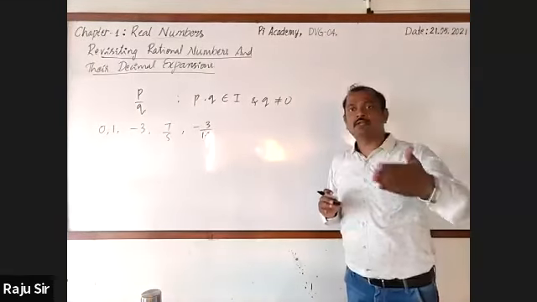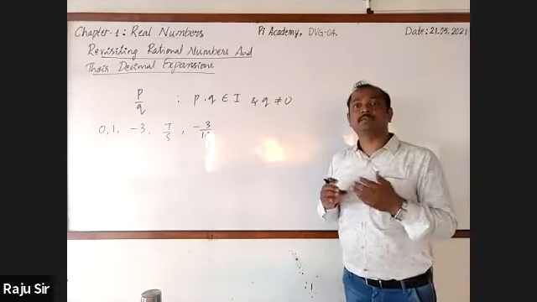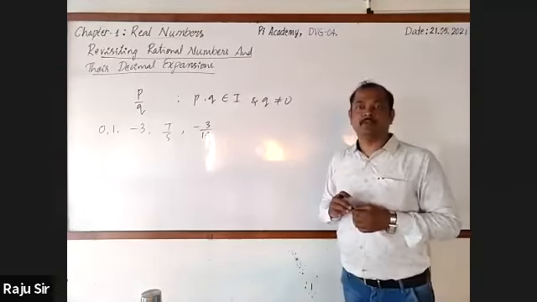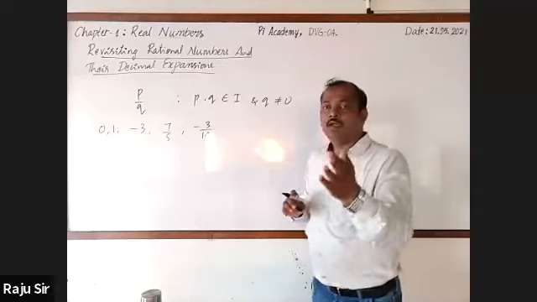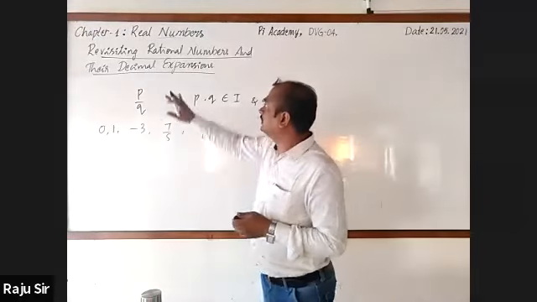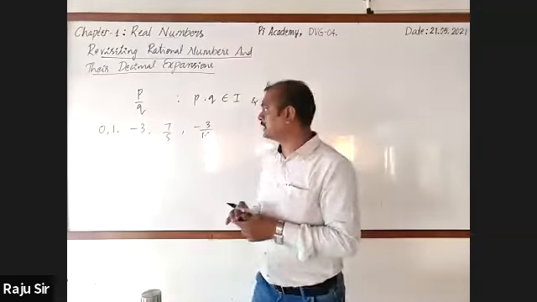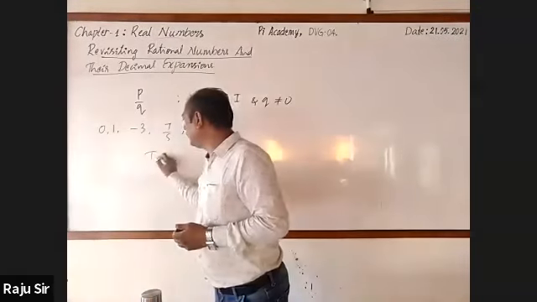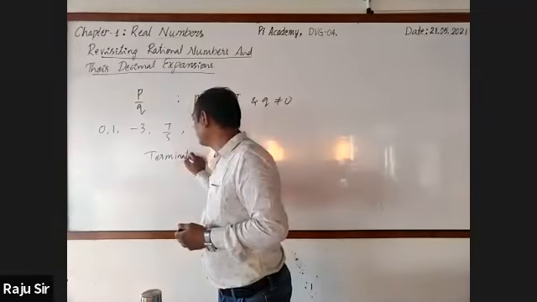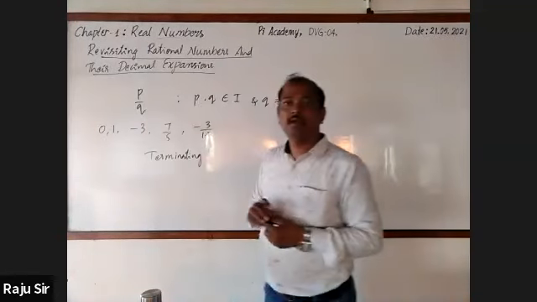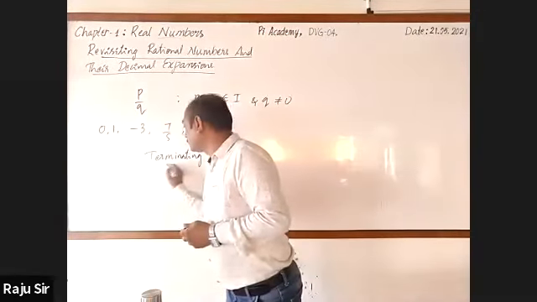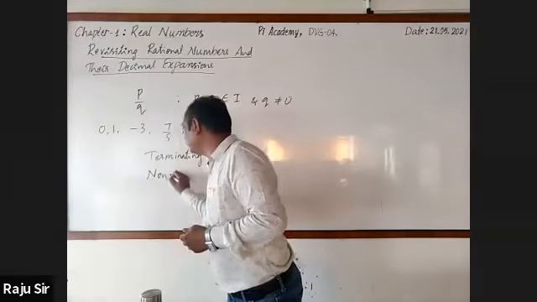We also know that rational numbers can be expressed in decimal form as well. Based on the decimal form, we can define a rational number as a number whose decimal expansion is terminating or non-terminating recurring.